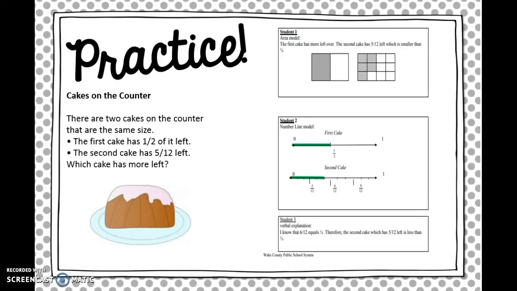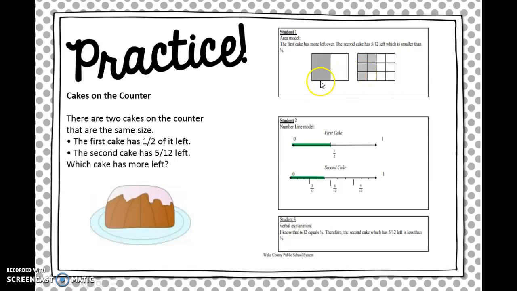In our first model, an area model was utilized, and it says the first cake has 1/2 left over, and the second cake has 5/12 left over, which is smaller than 1/2. You can see from the visual models drawn, this represents 1/2. This represents the model with 5/12. Notice that they are the same size.